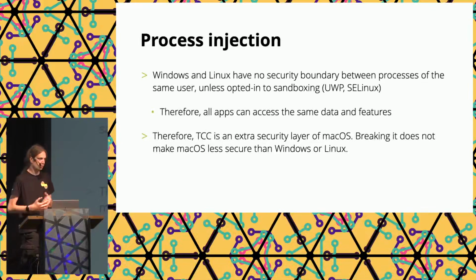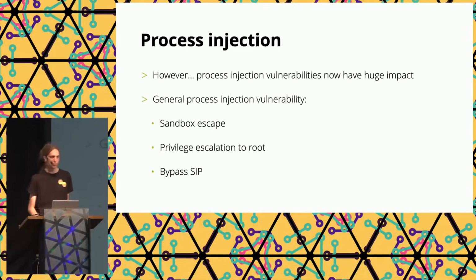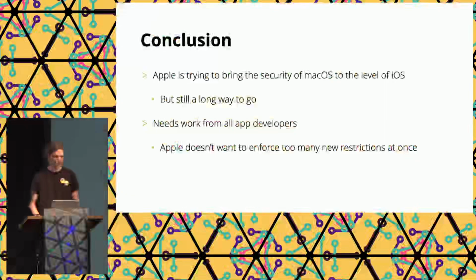So these types of vulnerabilities don't really apply there, which basically means that the fact that they don't work well doesn't make it less secure. Yet on the other hand, what we also showed at the end is that those process injection vulnerabilities can now have a very large impact, because you can use the same technique for escaping the sandbox, privilege escalation, and bypassing SIP. So, thank you.